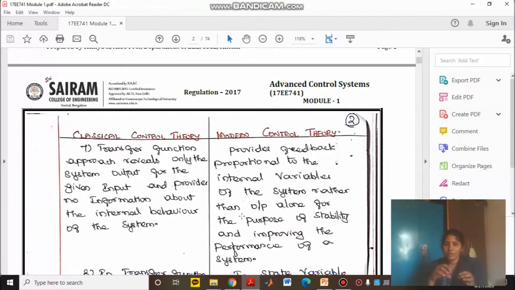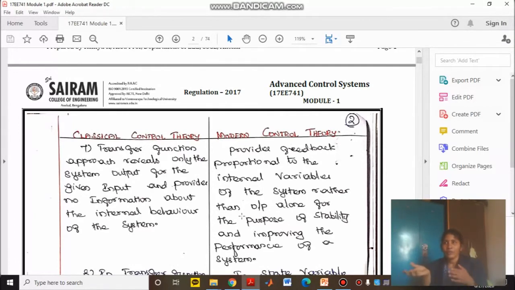For all these conditions, if you apply classical control theory, it is not possible for us to obtain the intermediate variable. That is, between your input and output there will be an intermediate parameter which holds the system performance. So it is better to go for modern control theory analysis, that is, the state variable approach.